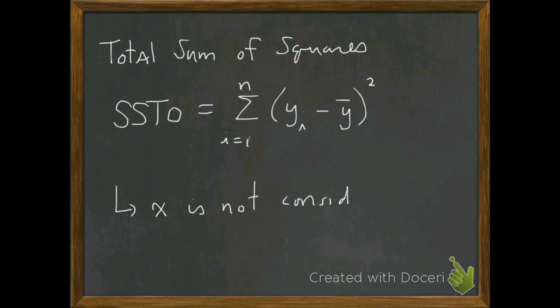The calculation in the total sum of squares simply relies on the difference between the observed y and the mean of the y's. Now, to give you an illustration of this, let's blow up a graph here.